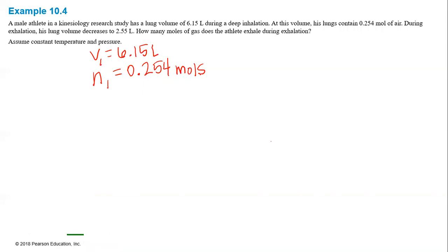During exhalation, his lungs decrease, that V2 to 2.55 liters. How many moles does the athlete exhale? So this is Avogadro's law.